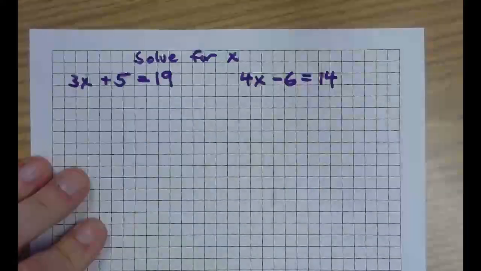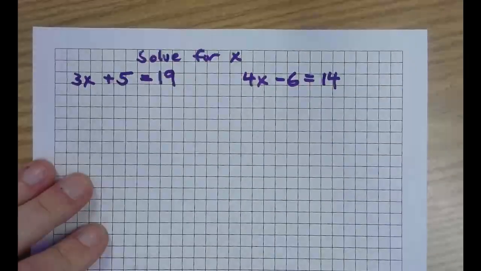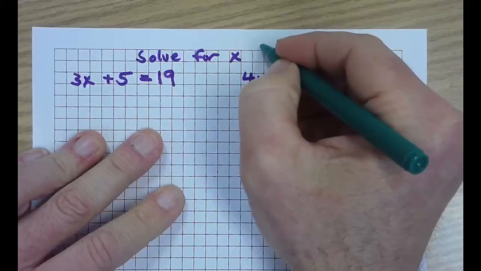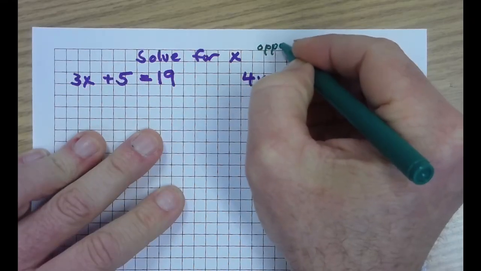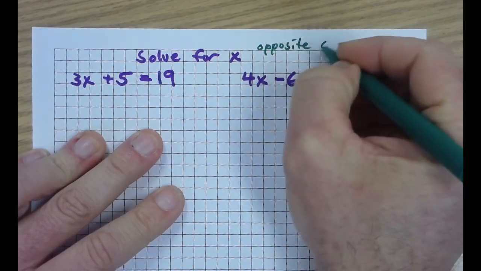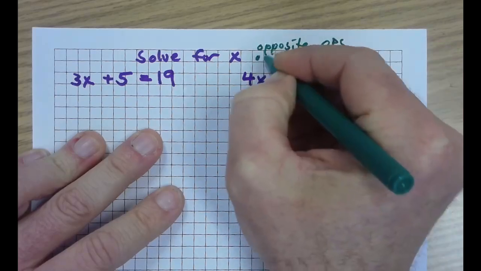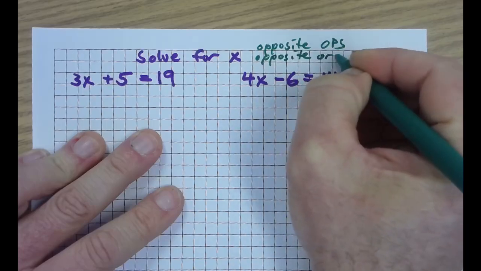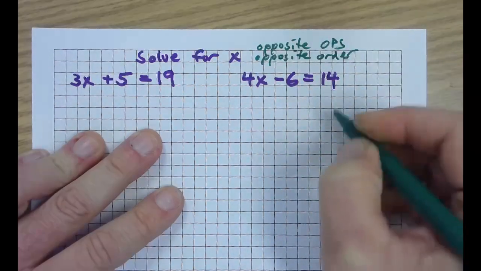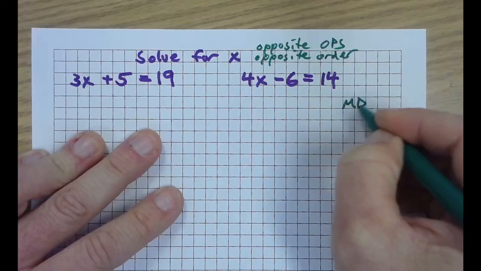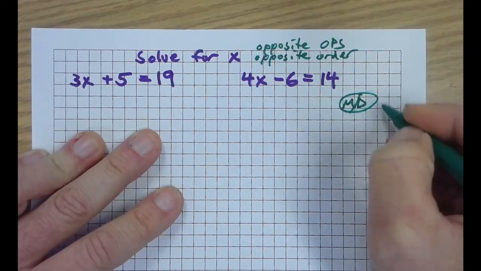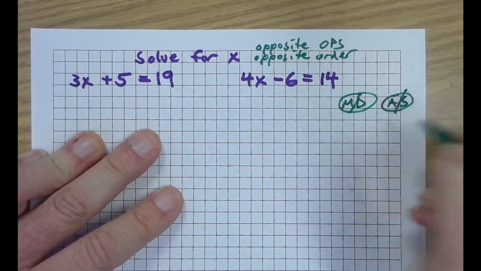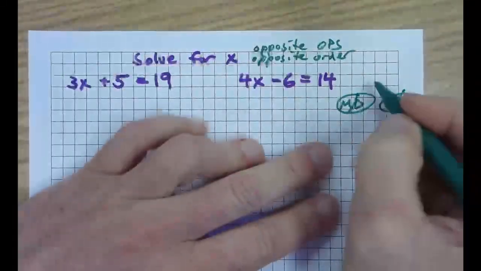Let's go through the steps here. Let's do both of these at the same time just to reinforce the inverse operations. In fact, we're doing opposite operations in the opposite order. So instead of multiply or divide first and add or subtract next, we're going to flip that around.